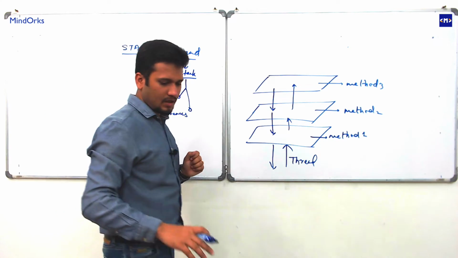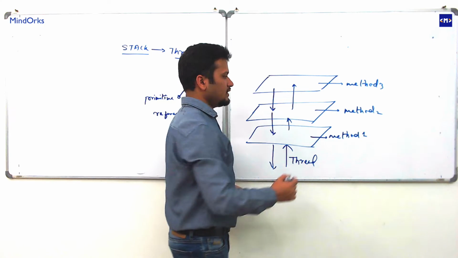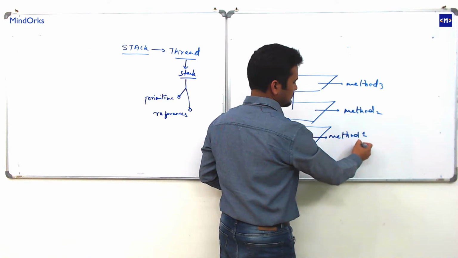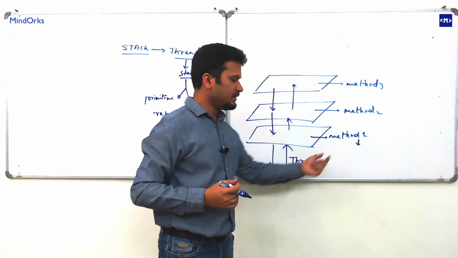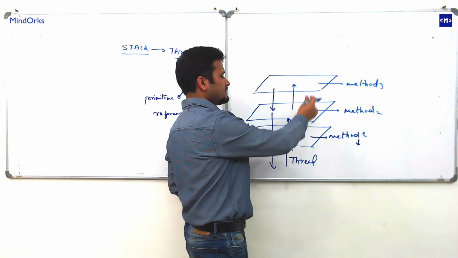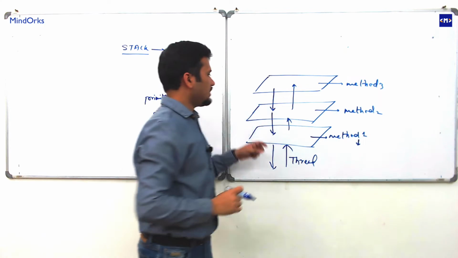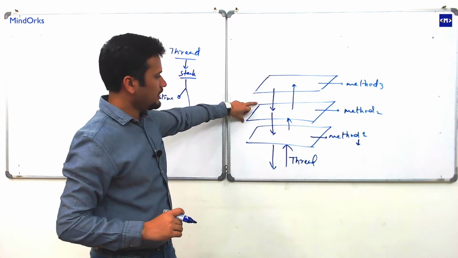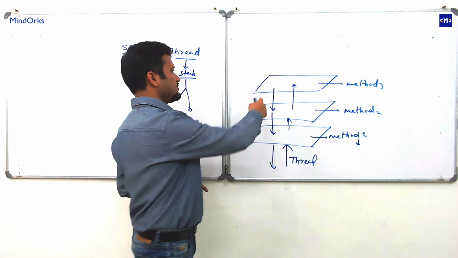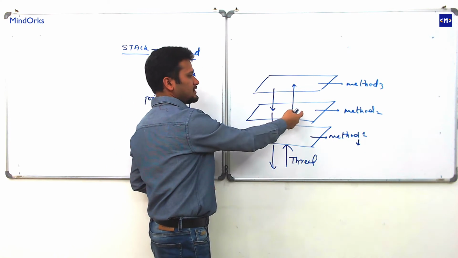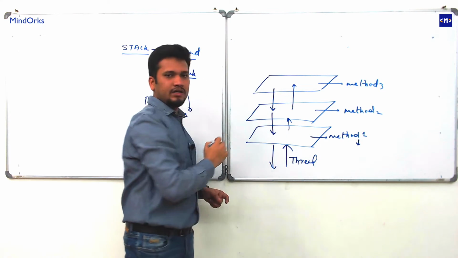As this thread enters into a method, it creates some variables. It takes some memory, which goes into the stack. Similarly, method 2 will take some stack memory, and this will create one node above this node, and then method 3 will create one node. When these return, this will be cleared, and similarly this will be cleared, and after it finally returns, your stack will be cleared.